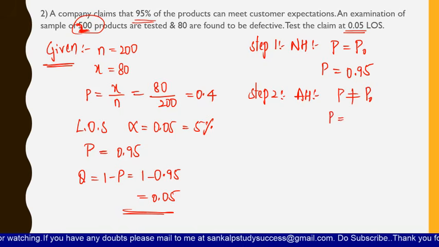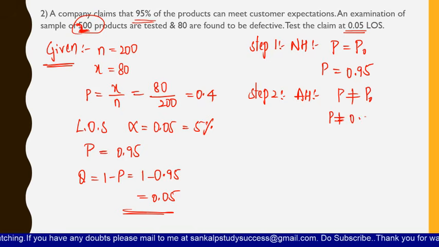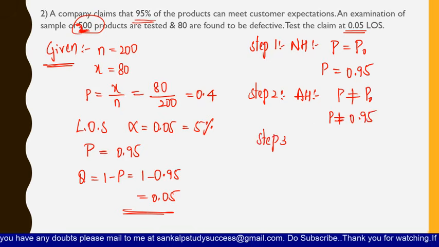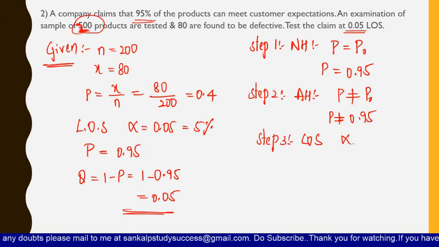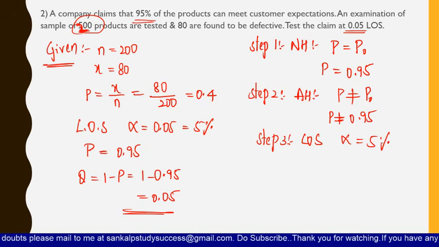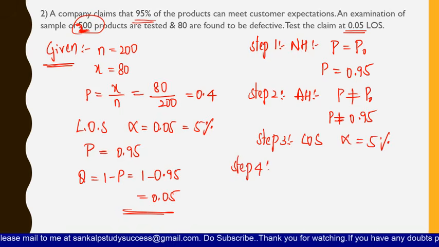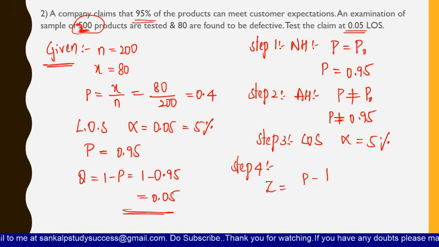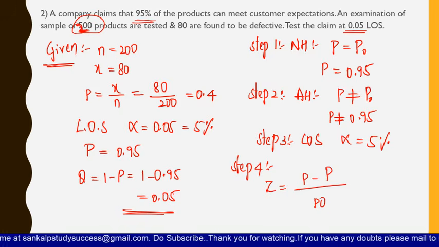That is, P is not equal to 0.95. Coming to step 3, which is level of significance alpha, which is already given in the question, which is 5%. Now let us find out the test statistic, that is the Z value. Here small p minus capital P by square root of PQ by N.